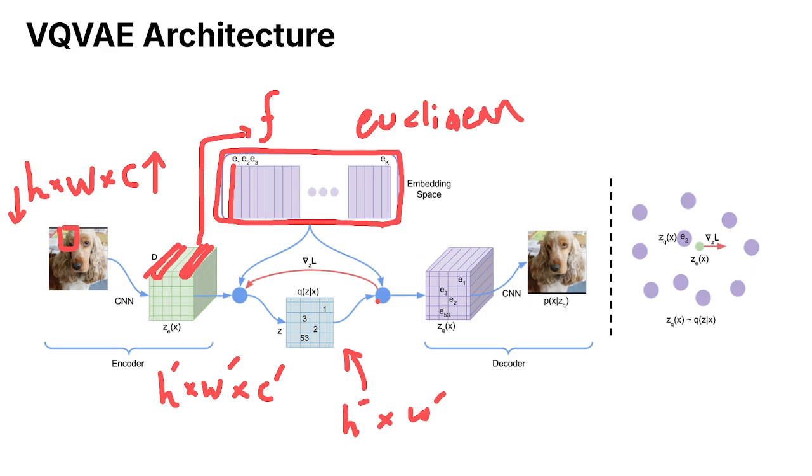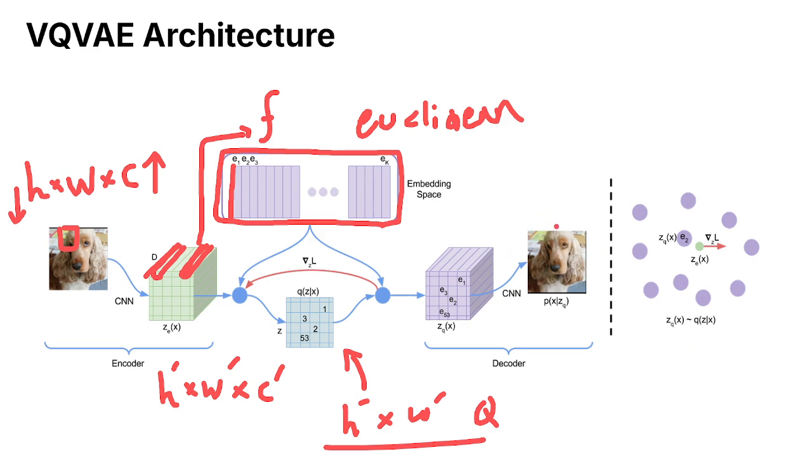So then what we do is we use these discrete vectors instead of these continuous vectors. By the way, this is called quantization, or Q, and this is basically us looking up the vocabulary to build another feature space. It is another feature space, but this one is purely built out of this code book, right? And then we're using the decoder of another CNN to generate the image.